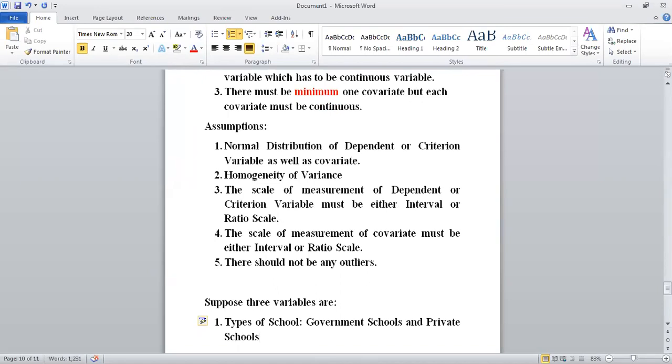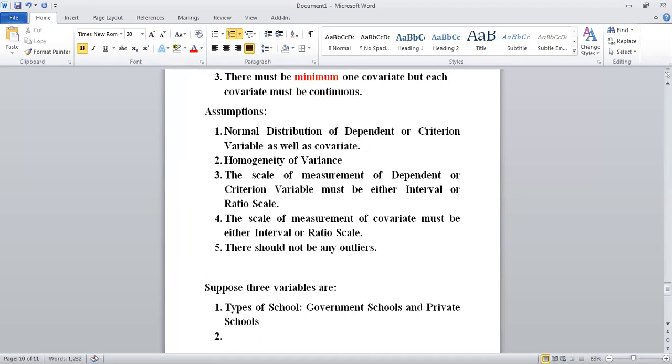If you want, you can take three: government schools, aided schools, and private schools. The choice is yours. Next, suppose I want to take another variable, say type of family.